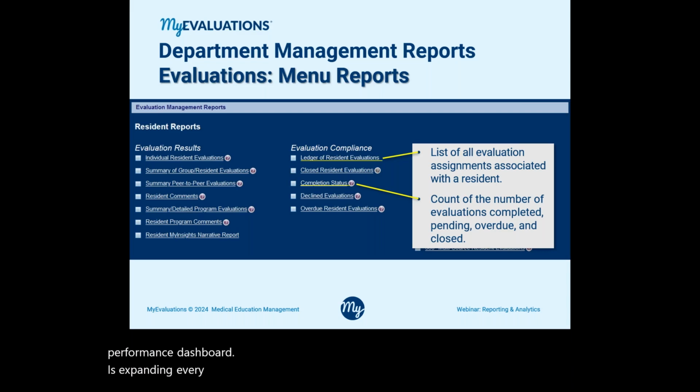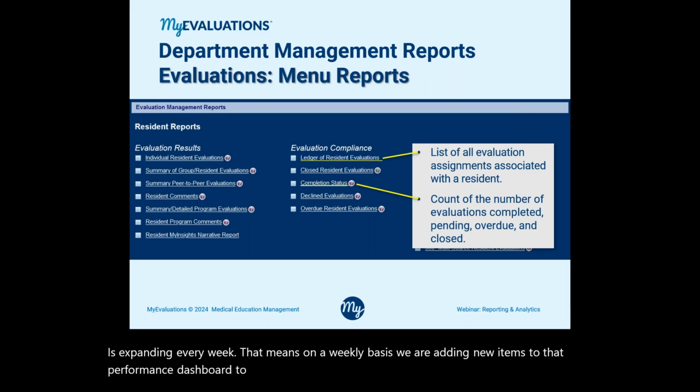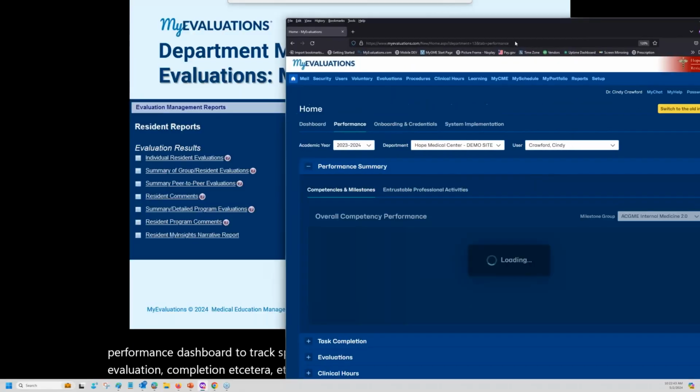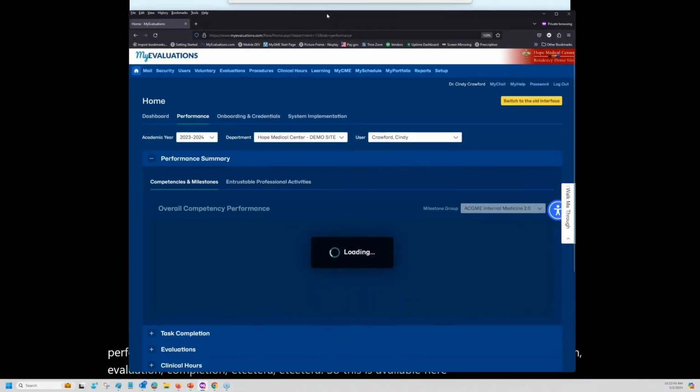That means on a weekly basis, we are adding new items to that performance dashboard to track specific points on performance summary, task completion, evaluation completion, et cetera. So this is available here when you log into the system and you click on the new interface.